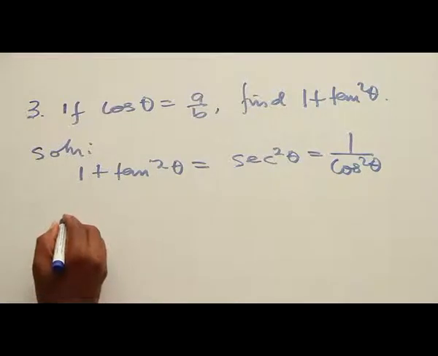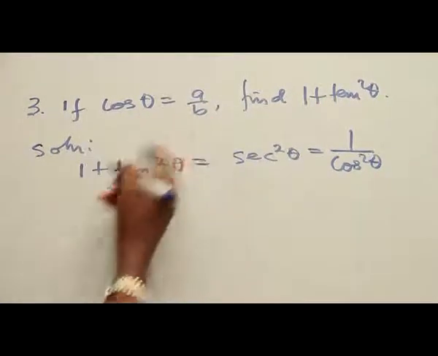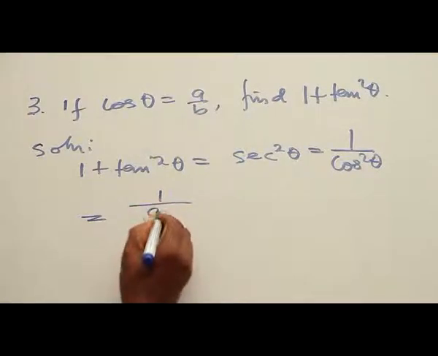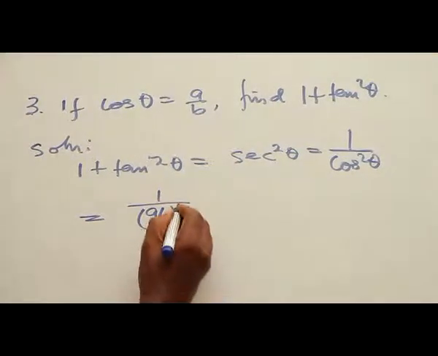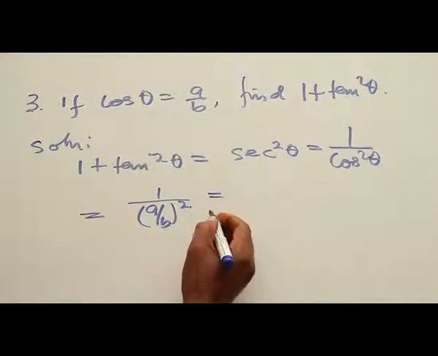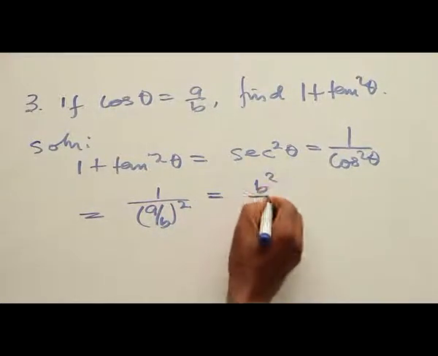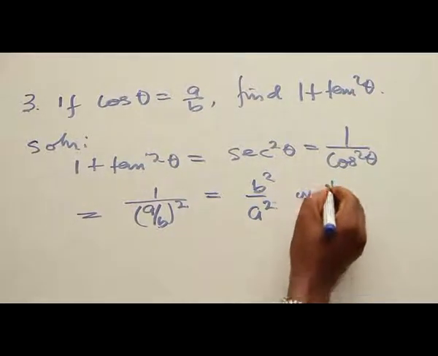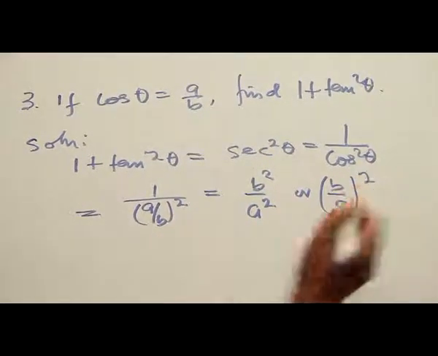So our cos theta is given to us as A over B. That becomes 1 all over A all over B all squared, which will give you B squared all over A squared, or B over A all squared.